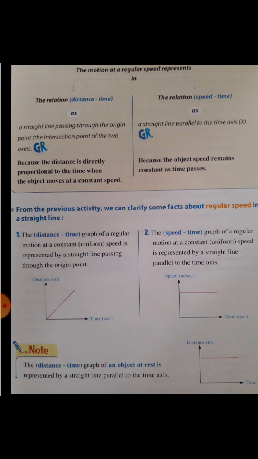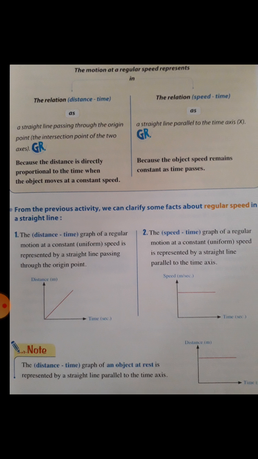But the second graph is between speed and time, and it will be like this, a parallel line to the time axis, to the x-axis. Look, it must be like this. Give reason. Because as the time passes, speed is regular, uniform, constant, and it doesn't change. So it must be a parallel line to the x-axis.